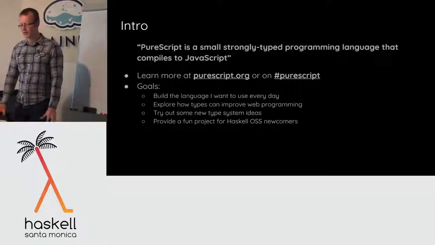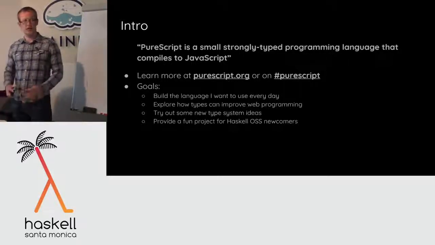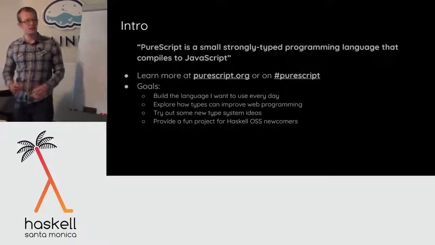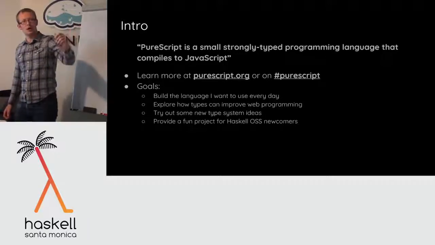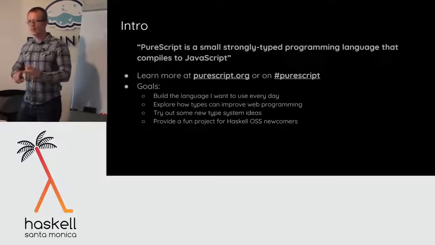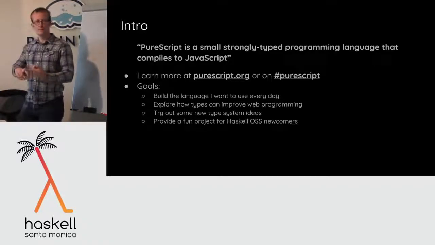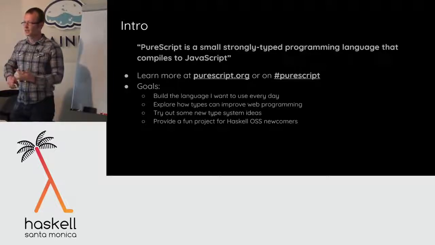It's heavily inspired by Haskell, it's written in Haskell, and it's specifically designed to target the web and front-end development. You can learn more at purescript.org or on the PureScript channel on the FP Slack organization, which is probably the best place, and there's a PureScript IRC channel on Freenode as well.